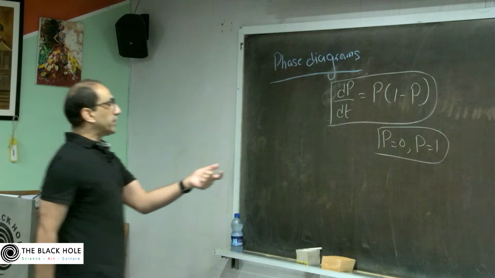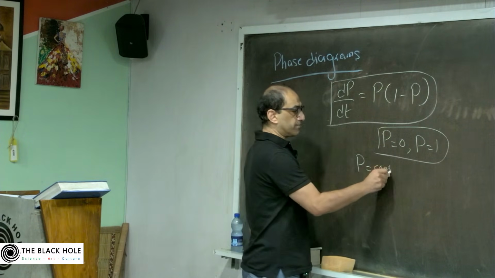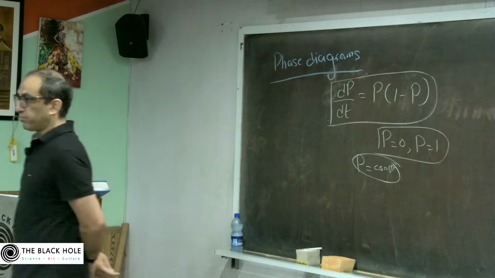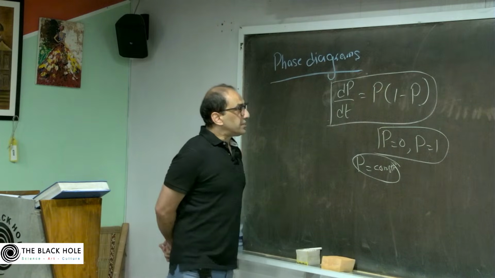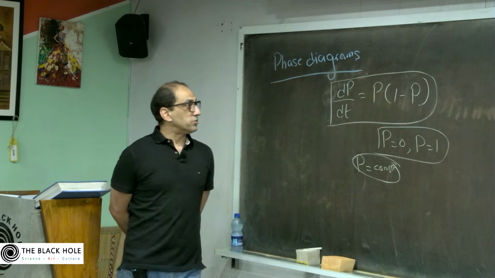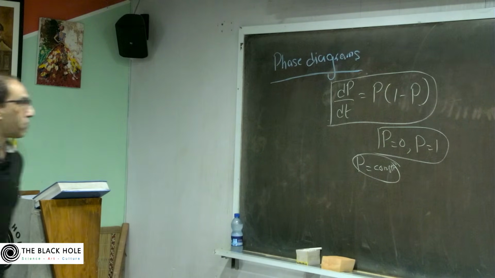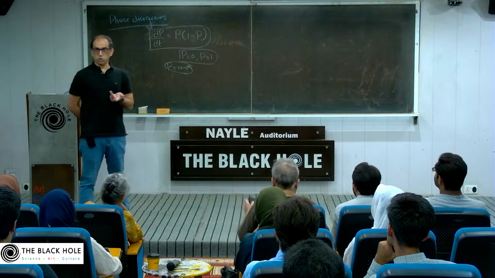So these are the 2 points where p becomes constant, or dp over dt is 0, right? In phase diagrams, we generally talk about these points and we call them equilibrium points, okay?